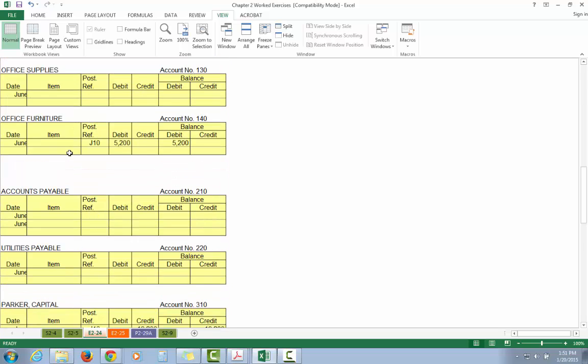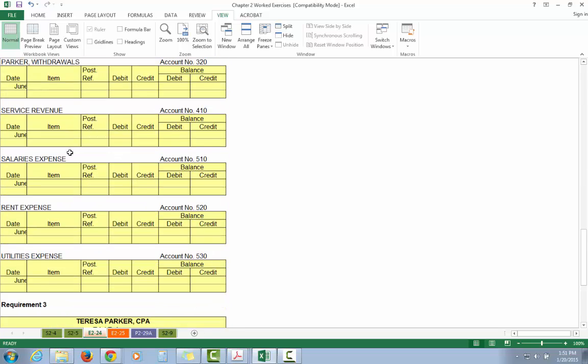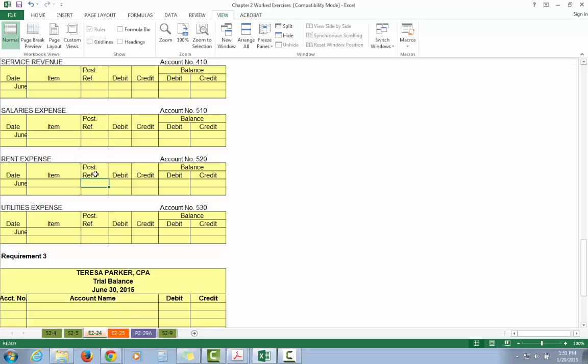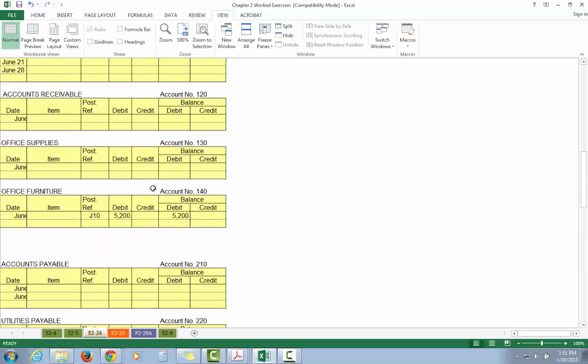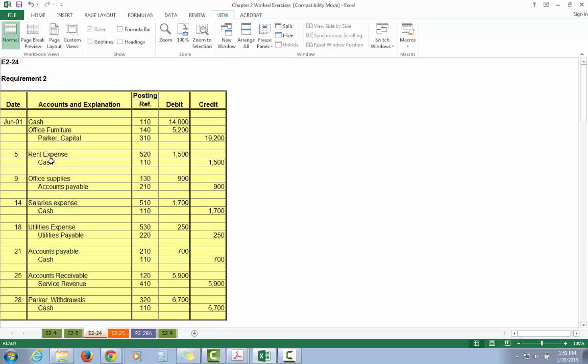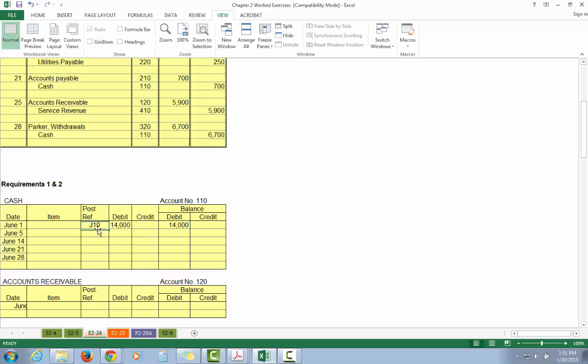We're going to come down here, find our rent expense. Journal entry 10. We're going to debit that for $1,500. So we have a debit balance $1,500. And then our credit was to cash. See, credit cash. We're going down here and credit cash.